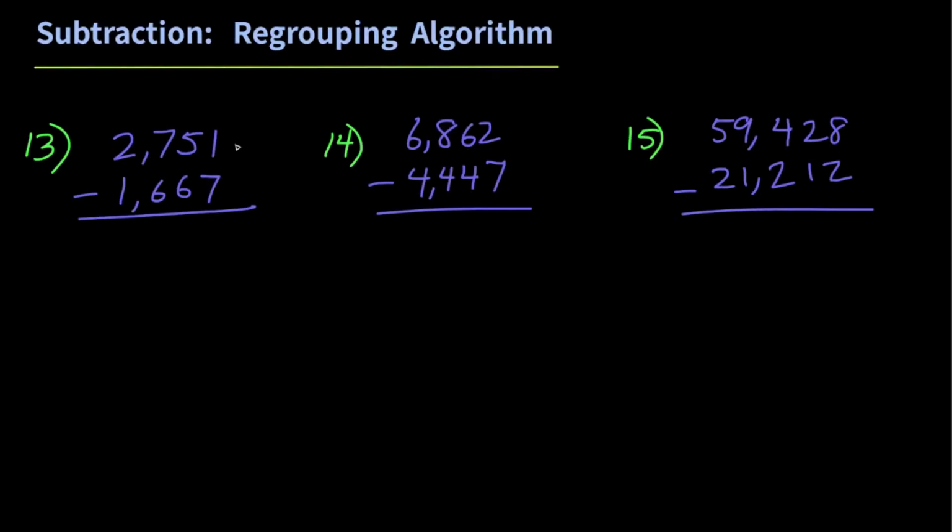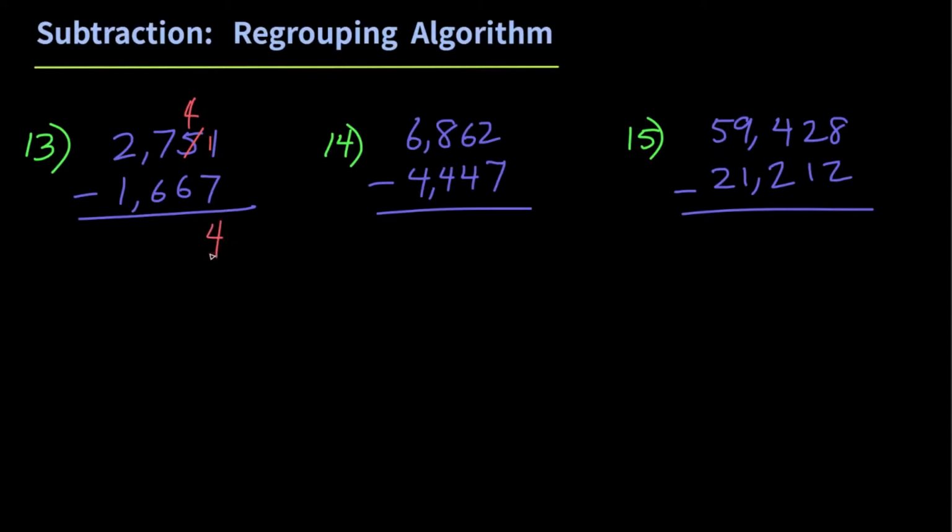Number 13, 2,751 minus 1,667. Starting in the ones, we have 1 minus 7. Can't do it. 7 is too big, so we need to borrow. So we borrow 1 from here and add 10 to the previous place value. We now have 11 minus 7.